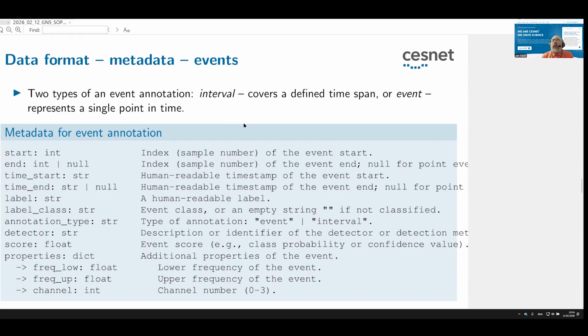One is an interval, of course, from T1 to T2, and the event is a single point in time. So basically, again, it's up to you to tell what's going on. And of course, start and end, I think, are quite easy to understand. So you know what is in your HDF5 file.